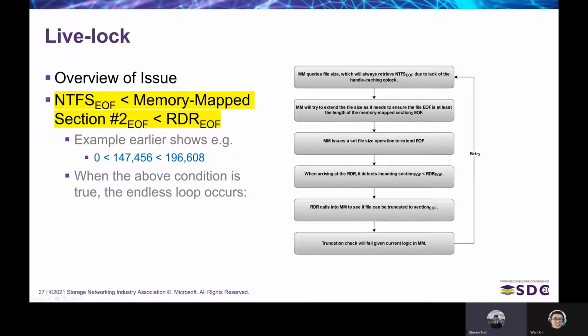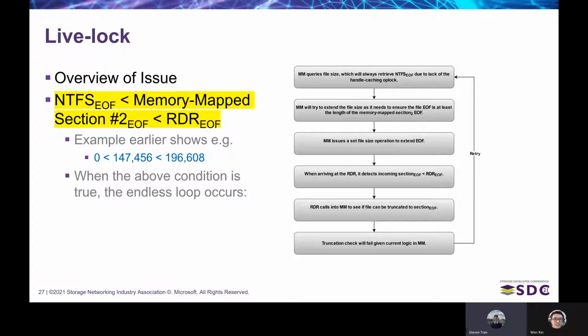When this flow arrives at the SMB redirector, the redirector will detect that the incoming section end of file, 147,456, is much less than the redirector end of file, which is 196,608 bytes. With the current existing logic in the redirector, we will actually call back into the memory manager to see if the file can be truncated to the section end of file, or truncating 196,608 bytes to 147,456 bytes.